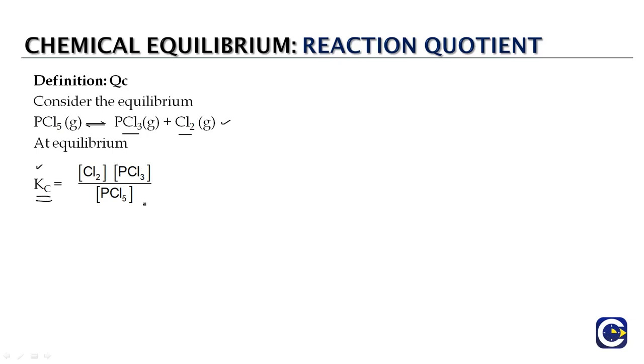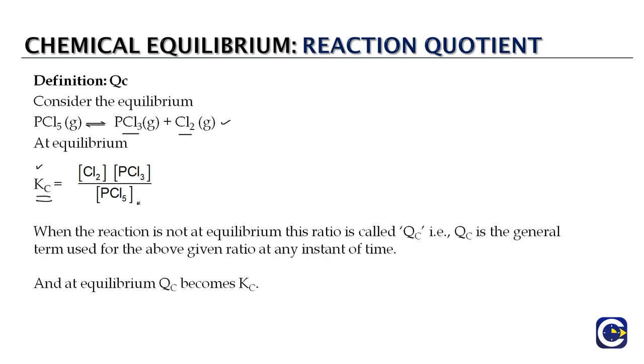Now these concentrations are the concentrations of reactants and products at the equilibrium stage. Now if the reaction is not at equilibrium, means we are proceeding with the reaction towards equilibrium, it is at some intermediate stage. Intermediate stage will mean it is at some particular stage.